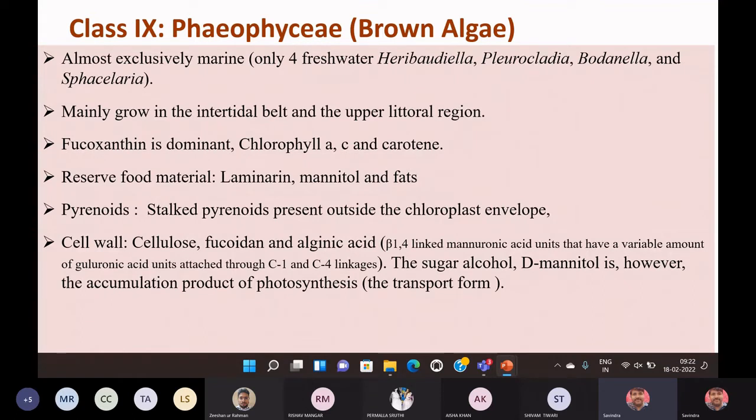Alginic acid is part of their cell wall, and you can say it gives structure to the cell, whereas mannitol helps in the transportation of sugar.